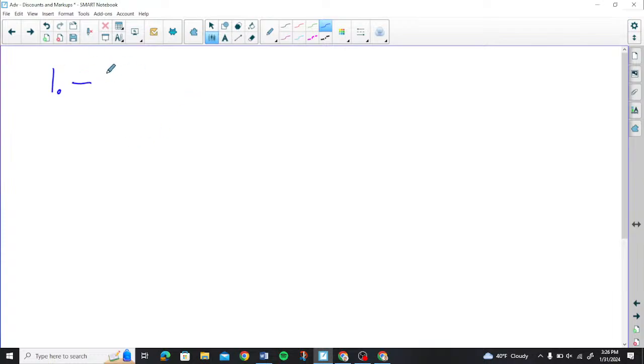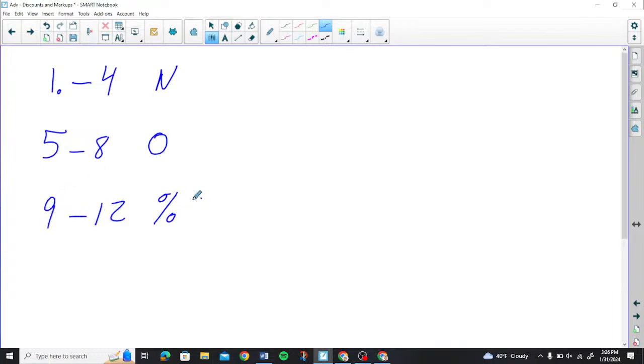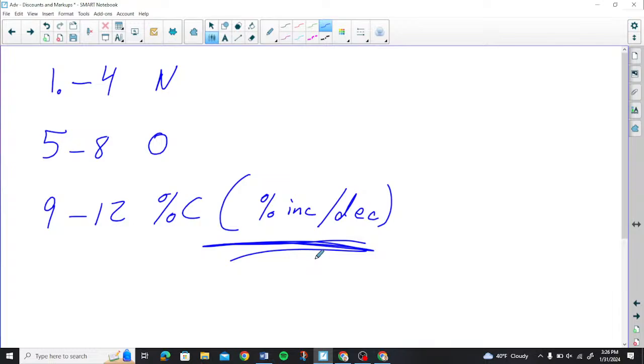Numbers 1 through 4 are going to ask you to find a sale price or selling price, so you're looking for N. Numbers 5 through 8 are asking you to find an original price, so you're looking for O. And numbers 9 through 12 are asking you to find the percent change. This is just like what we've been doing. So this is just percent increase and decrease. Don't overthink this, and you'll do fine.